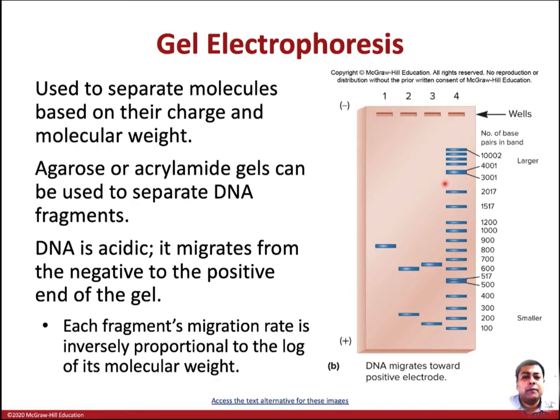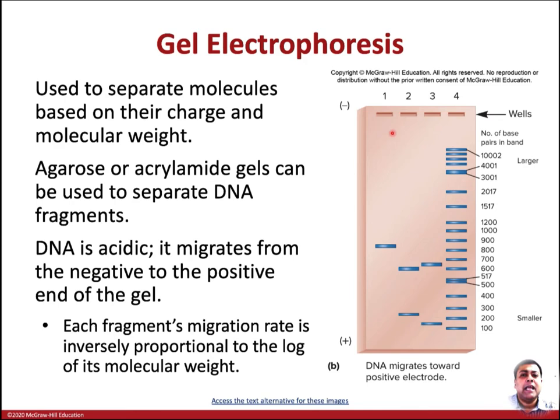Then when you apply the electrical current, the DNA is going to move towards the positive end because it is negatively charged, because the phosphodiester backbone is acidic and you have these phosphate groups. Now this agarose or the acrylamide, it doesn't matter which, are molecular sieves.